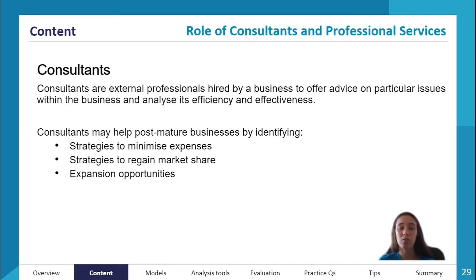Other businesses may need to shut down, or they may need to find ways to minimize expenses to ensure that they don't have to leave the market entirely. And post-mature businesses may have lost some market share after falling into post-maturity, and they may want to regain that with the help of a consultant who's that professional in that field.